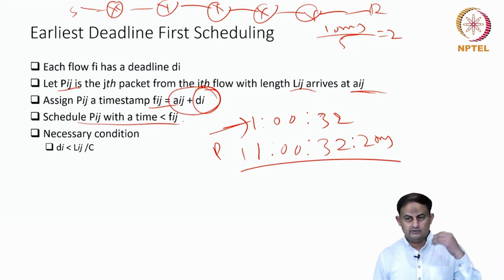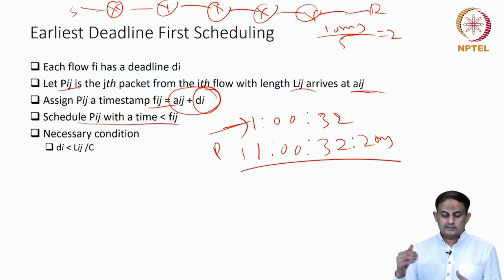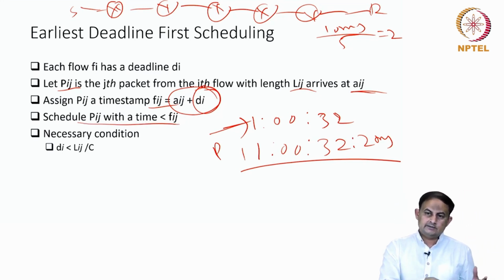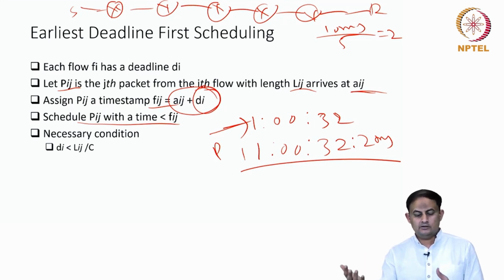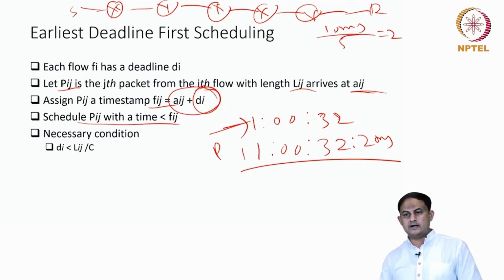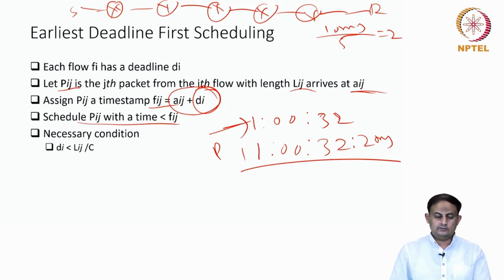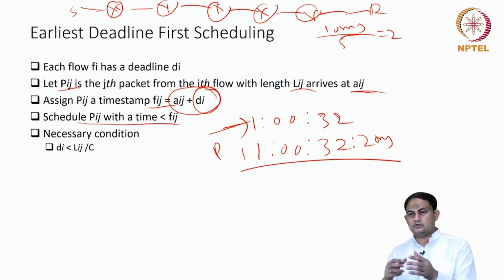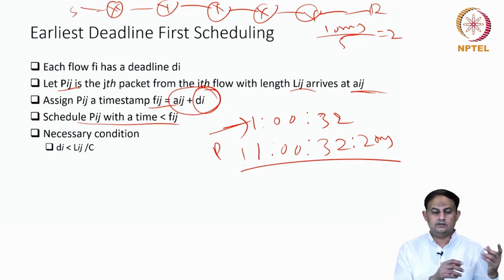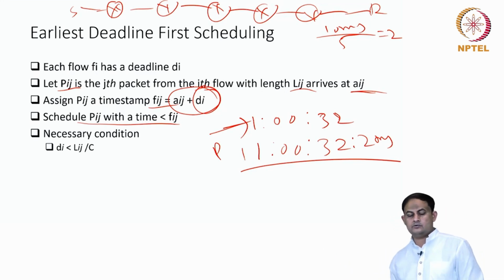I need to schedule this packet such that packet Pij exits the router within the deadline that is set. Fij is the deadline for the jth packet from the ith route, ith network or ith user. So, that condition is met. I am going to transmit the packet which has the earliest deadline first.